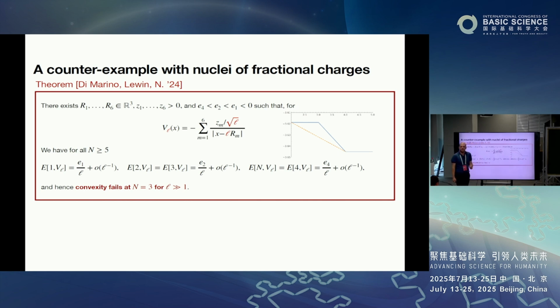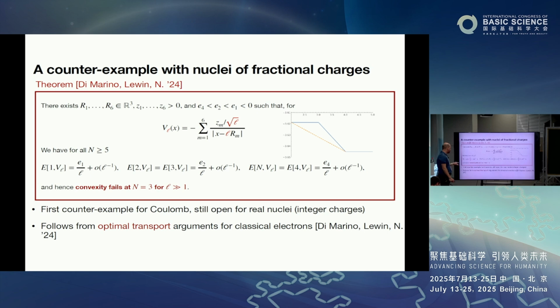And so what happens is that if you have this very particular molecule with 3 electrons, then the convexity fails, because you prefer having either 2 electrons or 4 electrons, but not 3. So yes, something weird is happening. What we expect is having this orange curve and not the blue one.